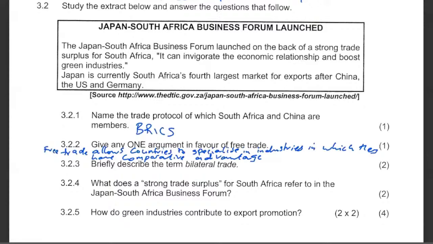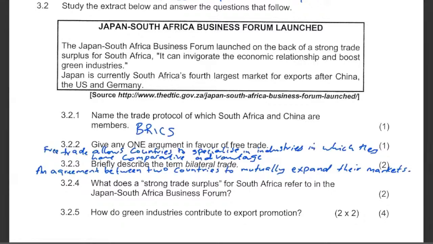So now this is nothing but an agreement between two countries to mutually expand their markets.